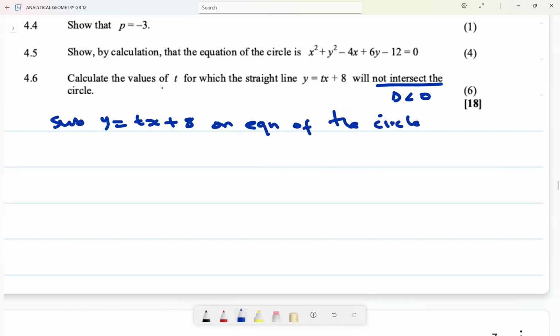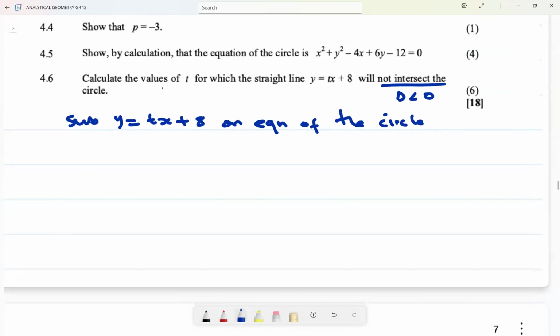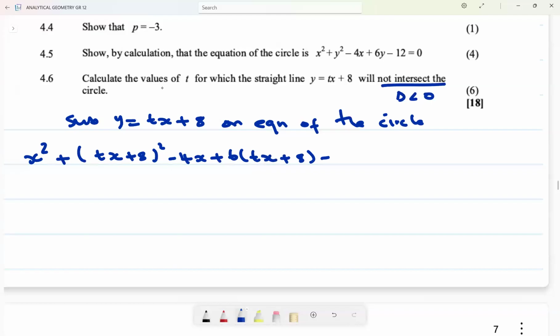After substituting, you'll get something like this: x squared plus (tx plus 8) squared minus 4x plus 6 times (tx plus 8) minus 12, which is equal to 0. For now, just substitute it here.